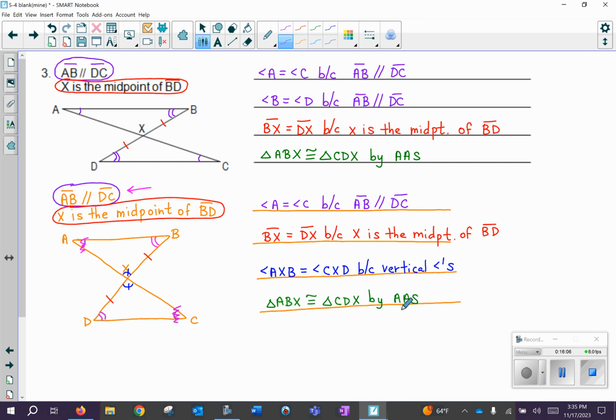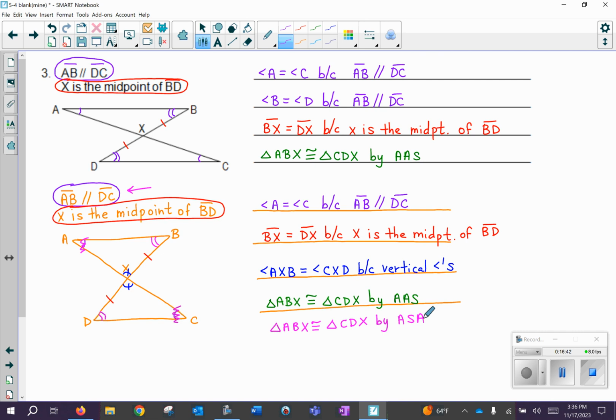So your statement down here could say triangle ABX is congruent to triangle CDX. So notice still the same statement, but now it's by angle, side, angle. So now we have a different conclusion.